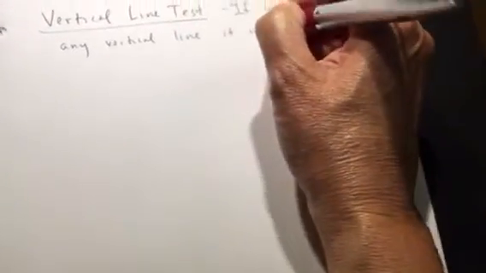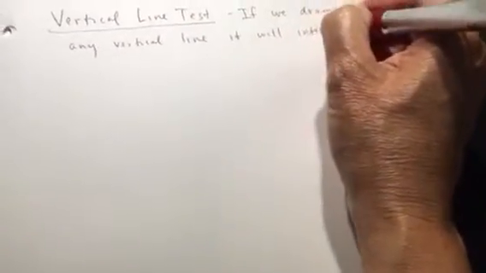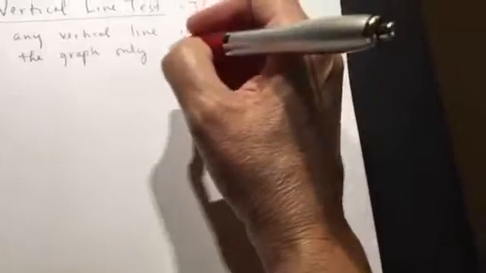Any vertical line, if we draw any vertical line, it will intersect the graph one time. I don't really like that definition because it's not quite correct, but you know what I mean by that.